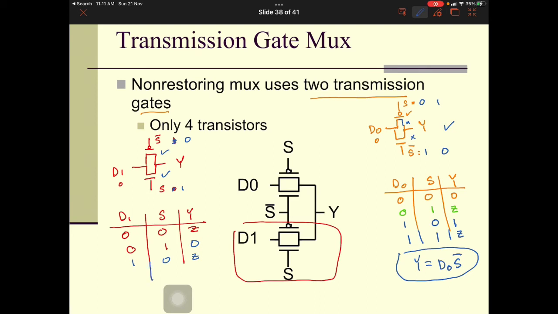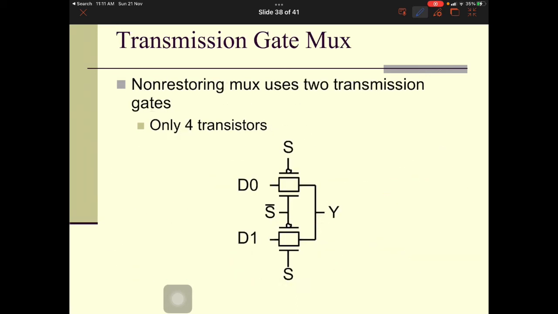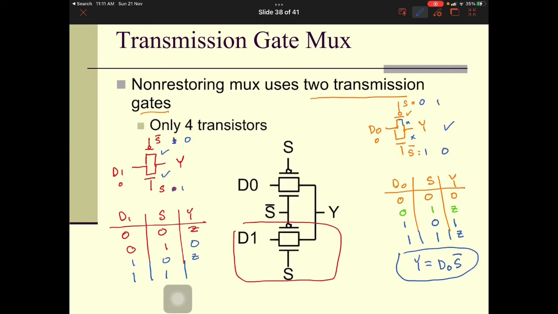And if you continue, 1, 1, Y will follow D1. In this case, Y will be equal to 1. So this implements Y equals D1 S.